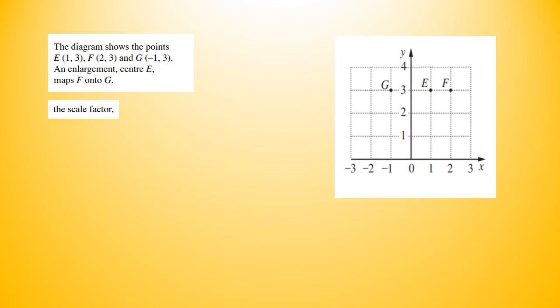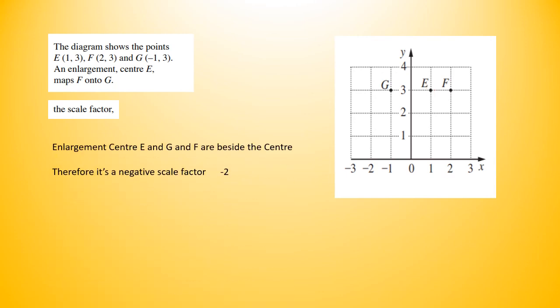You are going to use E as the center of the enlargement, and you're going to map F onto G. So the first thing is that F and G exist on either side of the center of the enlargement. At that time, definitely it's a negative scale factor.